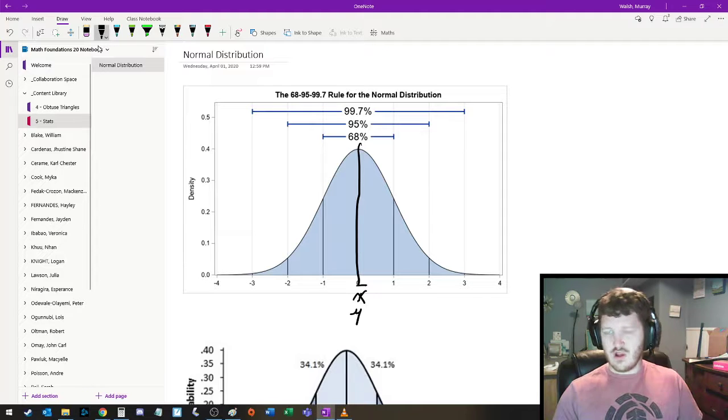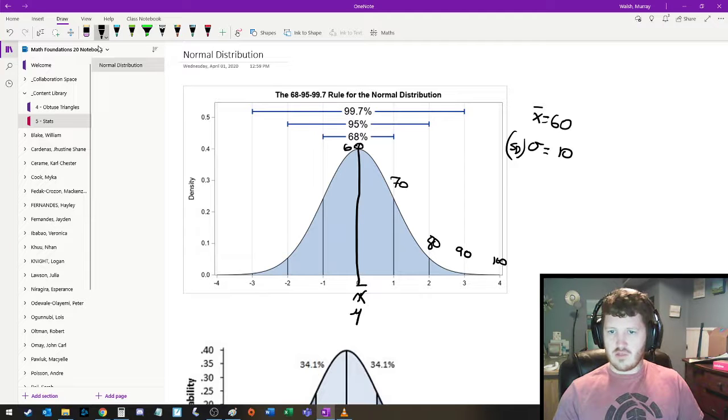A quick example, let's say we had a test where the average was 60, and the standard deviation, we use the sigma symbol, or SD sometimes as well, was 10. So if we had a test with an average of 60 and a standard deviation of 10, that would mean we'd expect half of students to get more than 60, half less, and then their standard deviations would be 70, 80, and 90, and 100 over here.